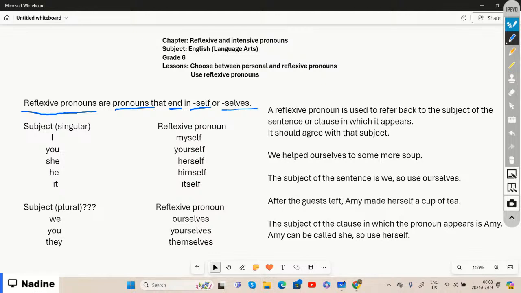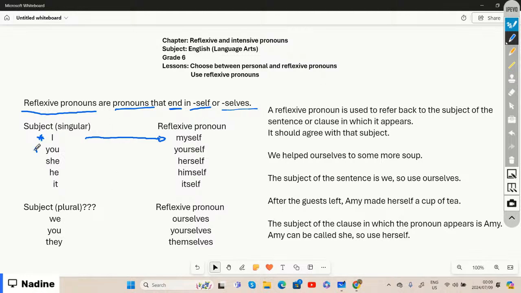And remember, we said that a pronoun takes the place of a noun, right? So when it comes to a singular subject, if we use the word I as a subject, so if I am doing something, then the reflexive pronoun would refer to myself. So I, myself.